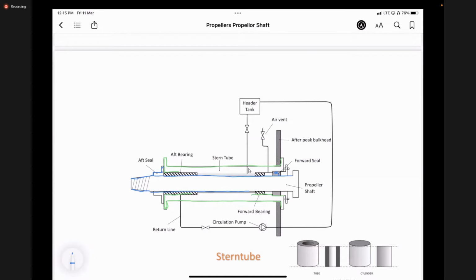For you, what is important to know is there are two types of arrangement. One is oil lubricated. One is water lubricated. Oil lubricated is generally used when we have a short length of the shaft. If the length of the shaft is short, we can have oil lubricated stern tube.